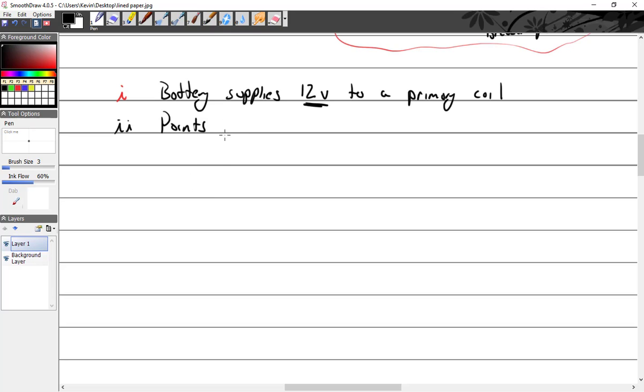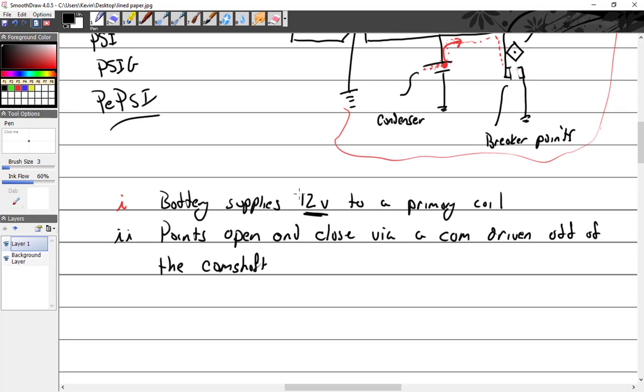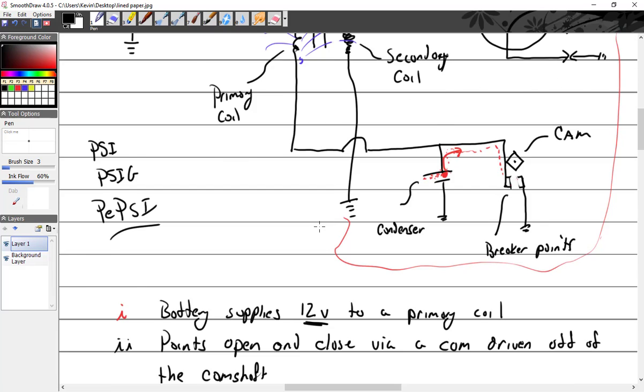All right, points, open and close via a cam driven off of the camshaft. All right. And I forgot, I changed out 309, so this is going to be a problem now.